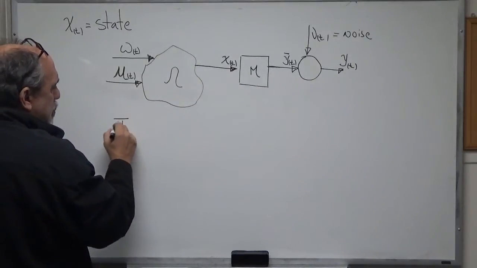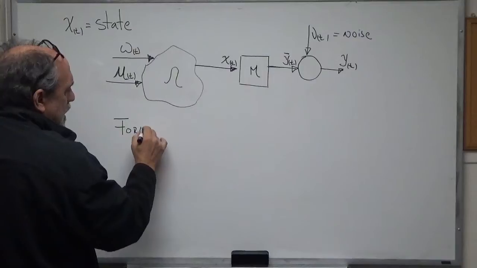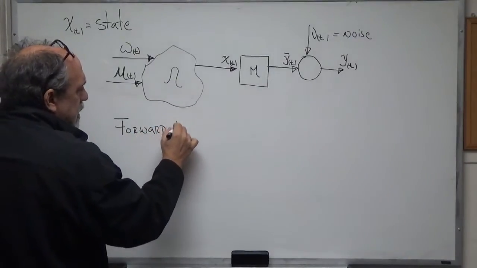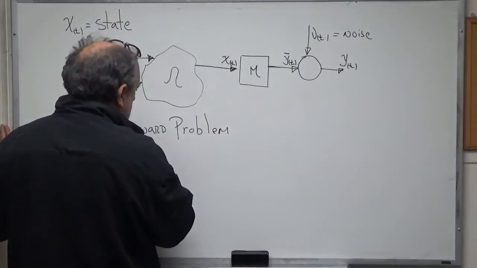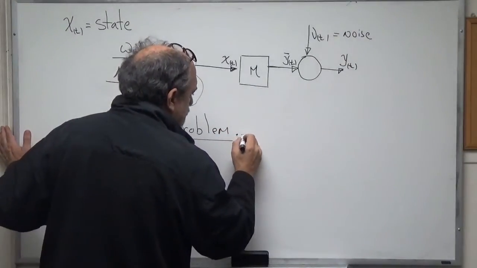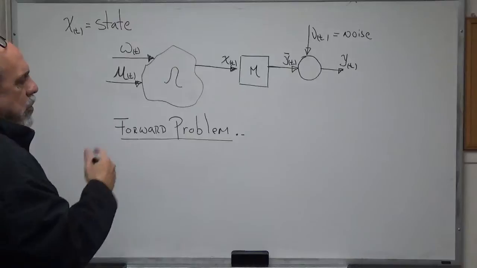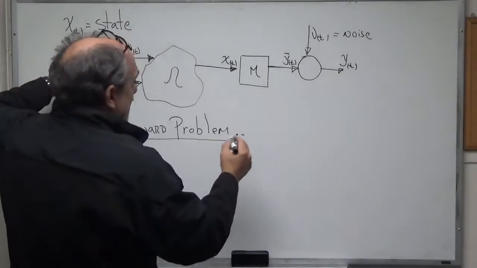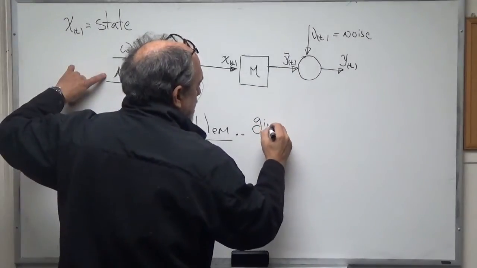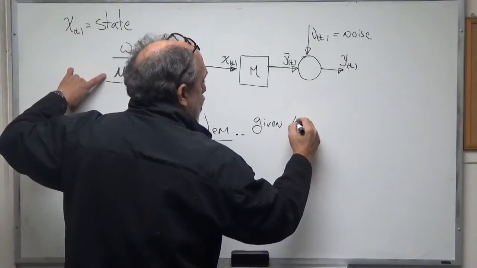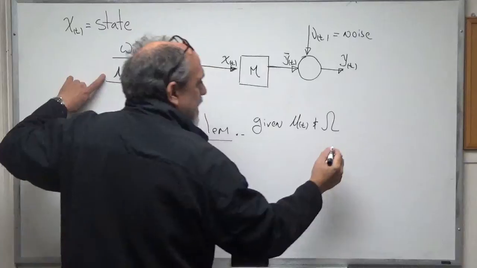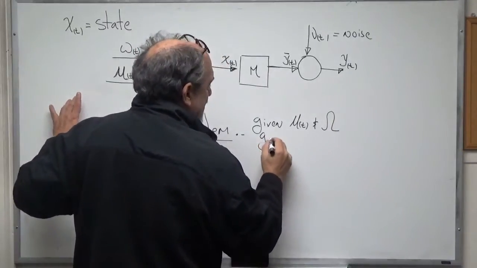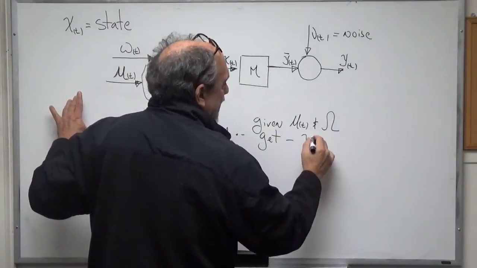The forward problem, which is more common, at least up to this point in your training, would be: given U of t and the system, get x of t.